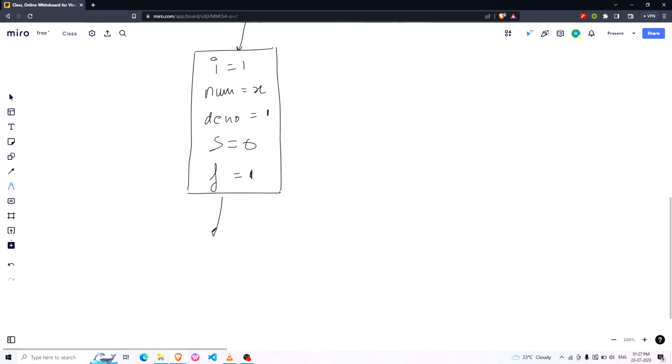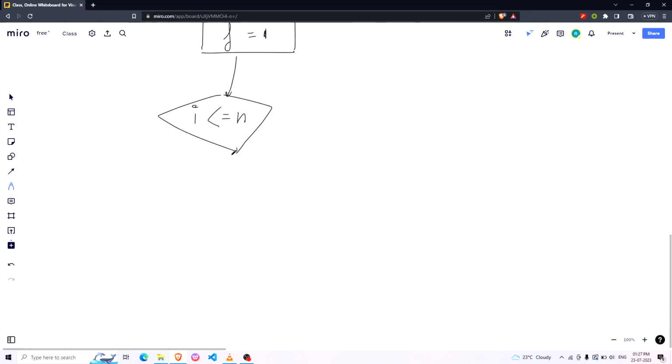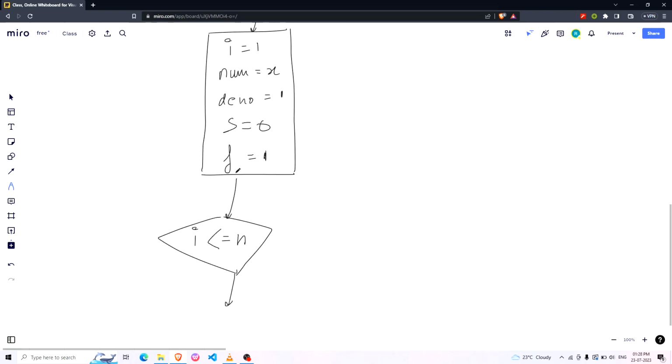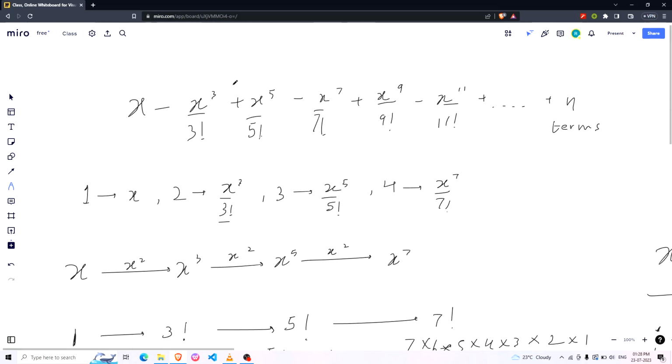After this, what we'll do is that we'll run a loop from I equals to 1 until I is less than equal to n, because we have n terms with us. For each term, again, it's not getting added in each term. We have to first add it, after that we have to subtract it, after that again we have to add it, and again after that we have to subtract it, which means that for odd terms we need to add, and for even terms we need to subtract.